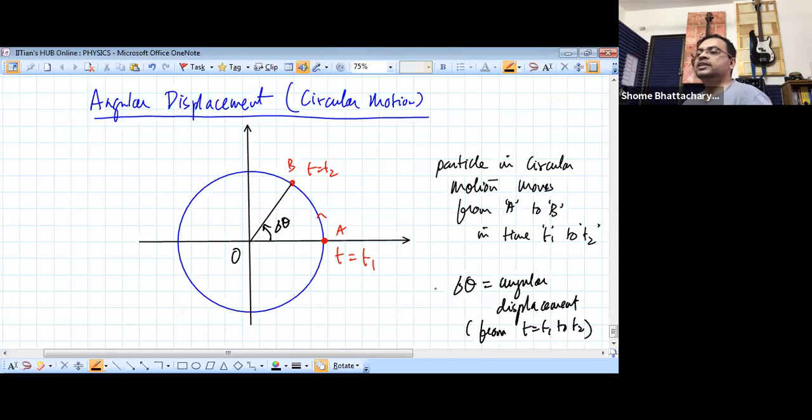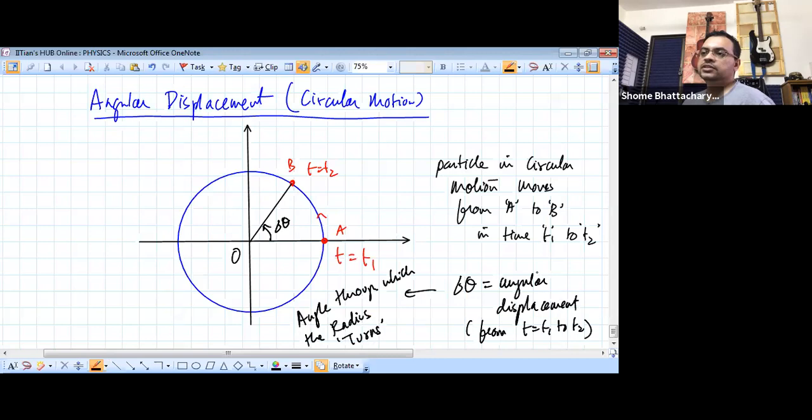So in words, what is that angular displacement? It is the angle through which the radius turns in that time interval. Understood this?